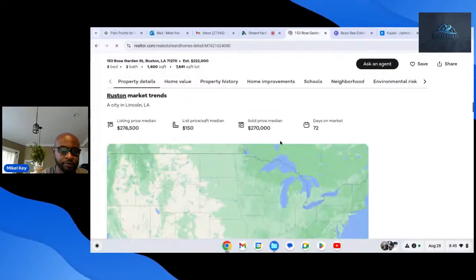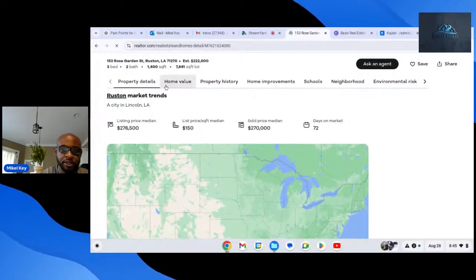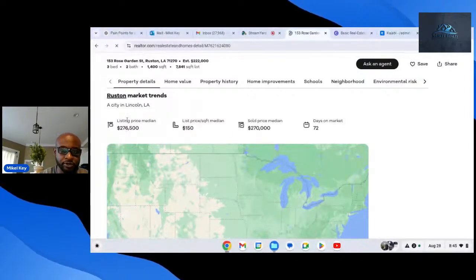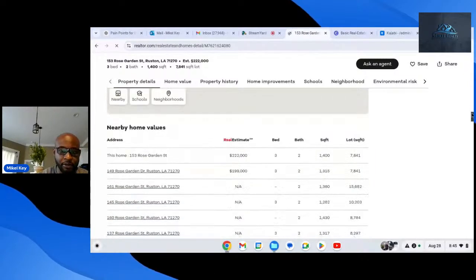See, in Ruston, if you go all the way down, it gives you the median listing price, 276,000. The median list price per square foot, that's the price per square foot that I was talking about, is $150 a foot. So if you play around with the data, it gives you all kinds of data.